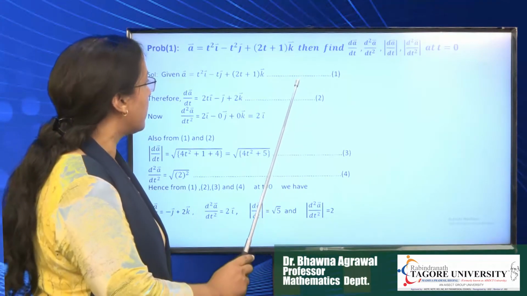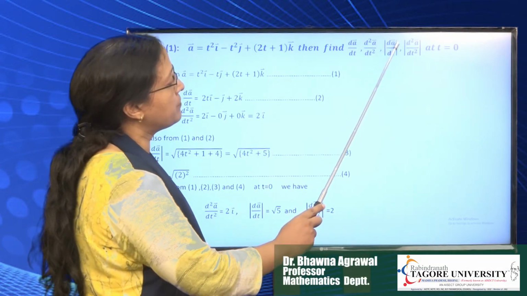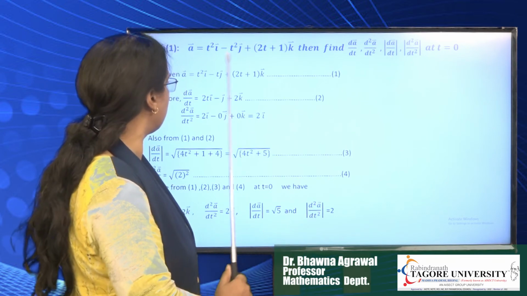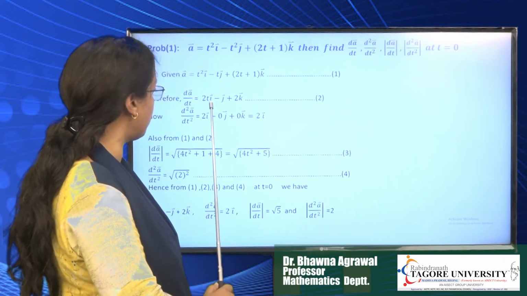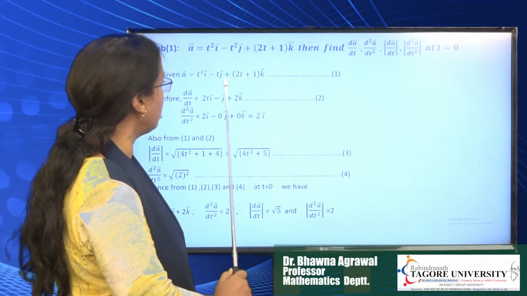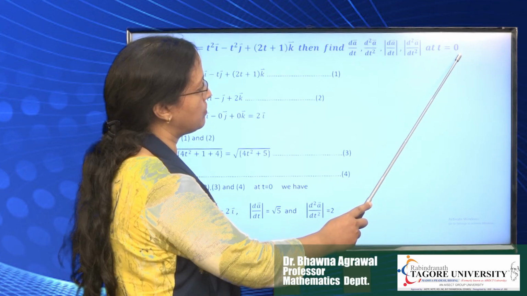Also, according to the first equation, we have to find the value at t equal to 0. Substitute t equal to 0 in this equation, because we want the value at t equal to 0.